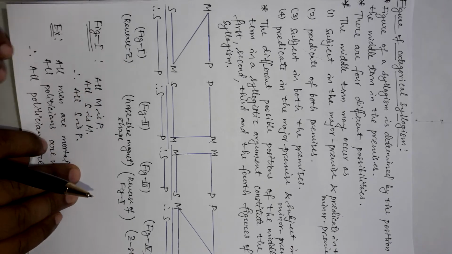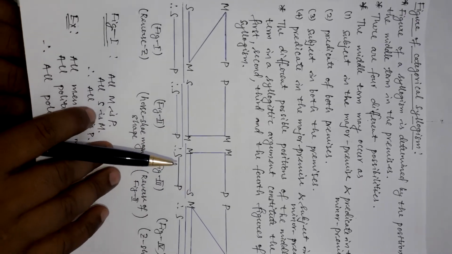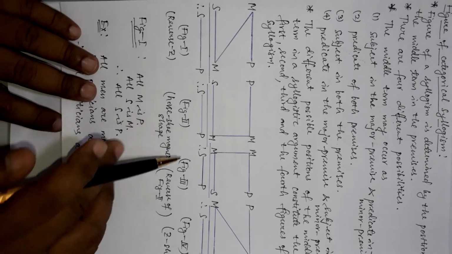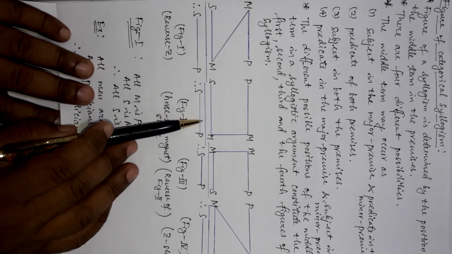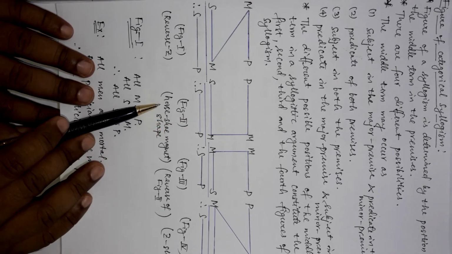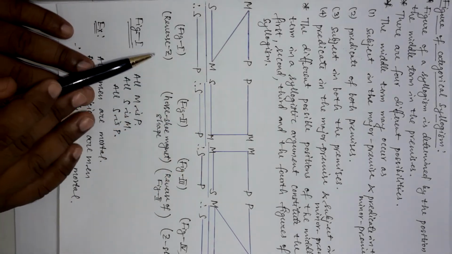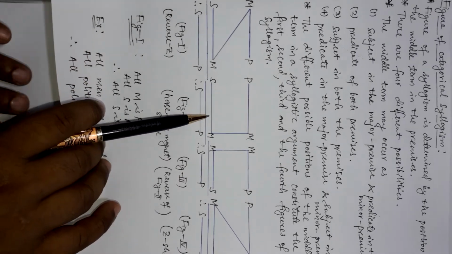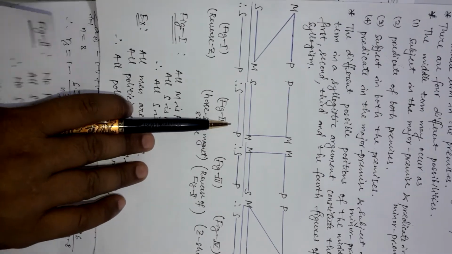Now come to the second type. You can see this figure 2 represents the second figure of categorical syllogism. It is in the shape of a horseshoe magnet. Now let us discuss one or two examples on this.